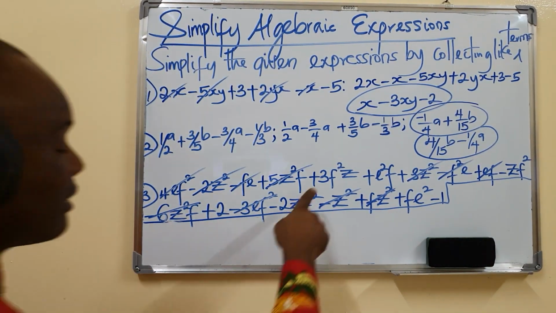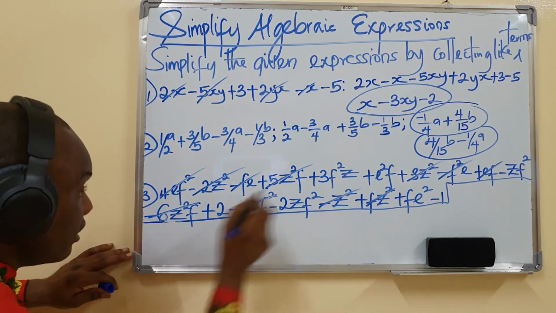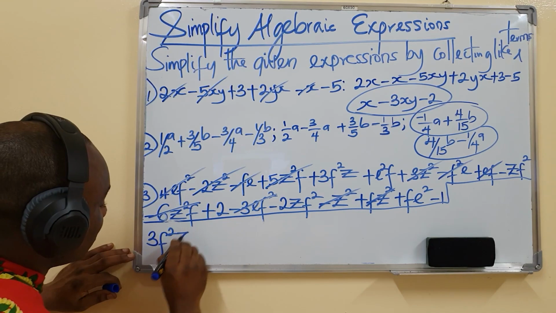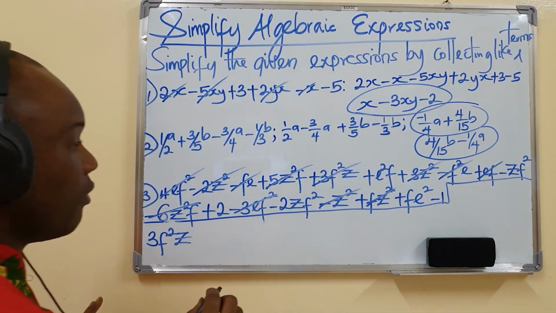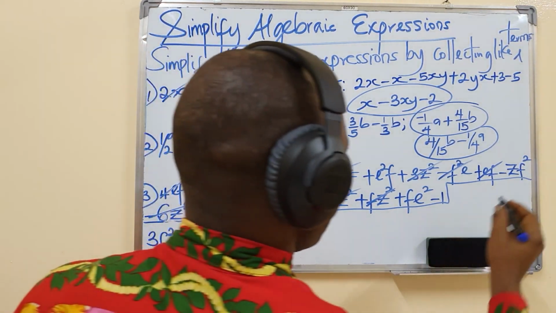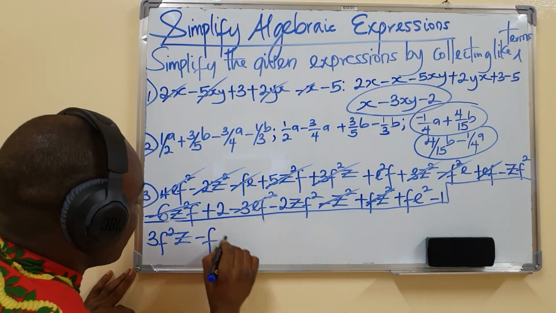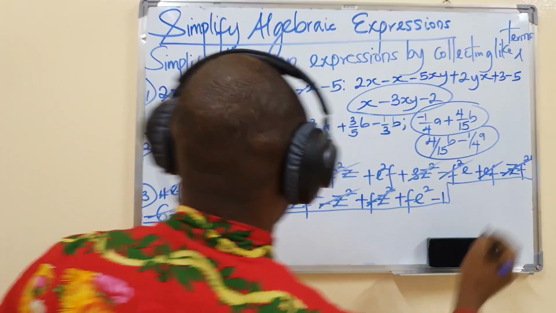This time around, it's time for the 3f squared z. This is positive, so I'll write it down. 3f squared z. Now you can erase it. Gone. Look for the f squared z term. We have one here. Minus f squared z. That's it. You can erase it.